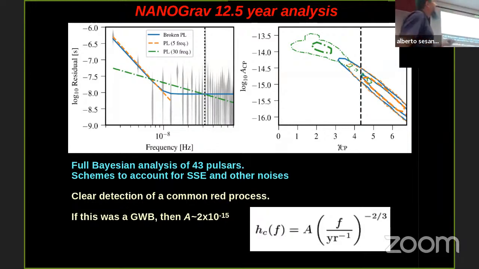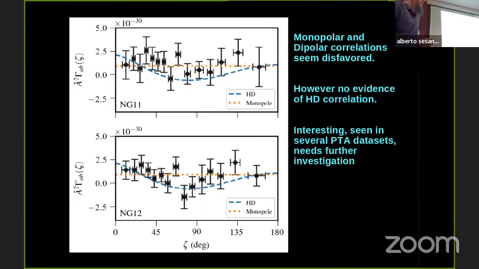The region they constrain is consistent with the expected slope. They infer a common signal, and if it was a gravitational wave background, this amplitude would be of the order of 2 times 10 to the minus 15, which is relatively high, but is consistent with some of the theoretical models that we have.